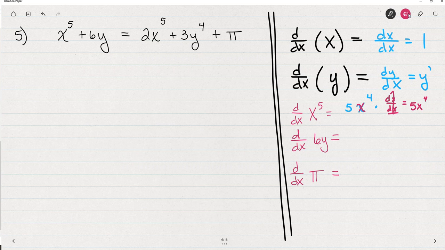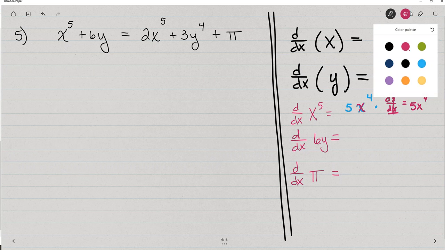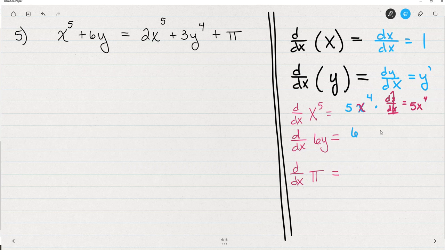The derivative of 6y with respect to x. To start with, the derivative of 6 times a variable is 6. But then I have to do times the derivative of y with respect to x. So I'm going to write that 6y prime. That's the piece that many students tend to forget.